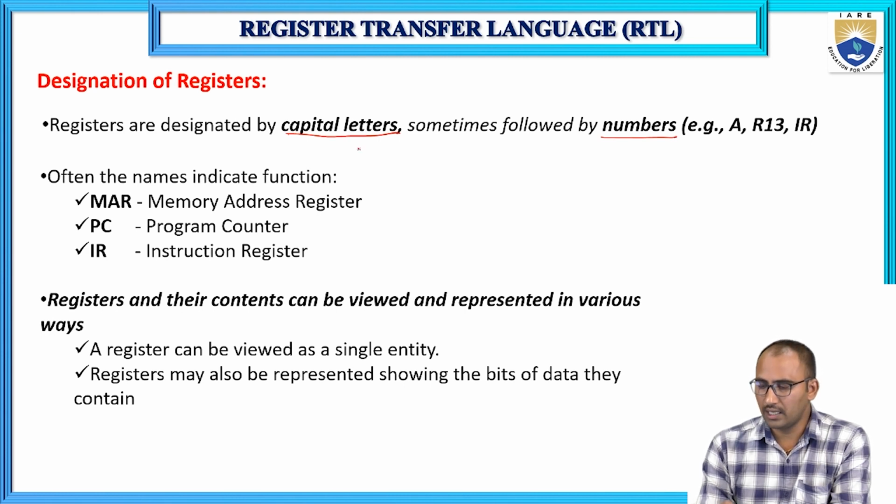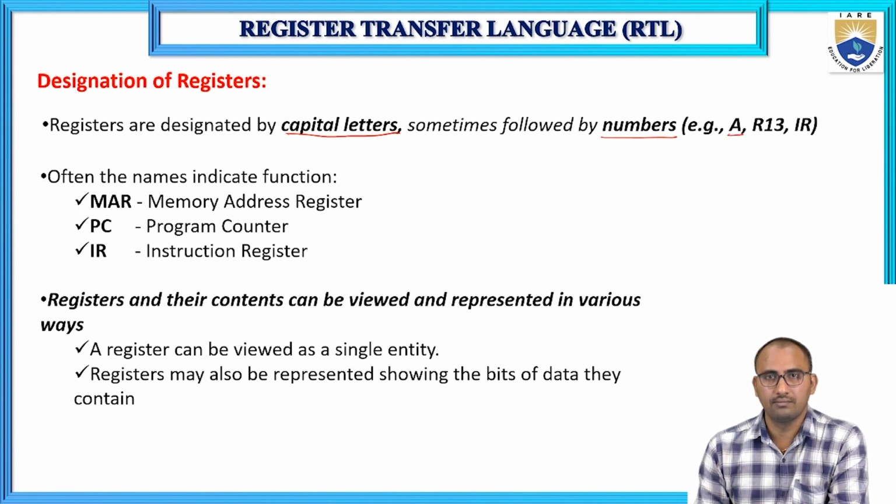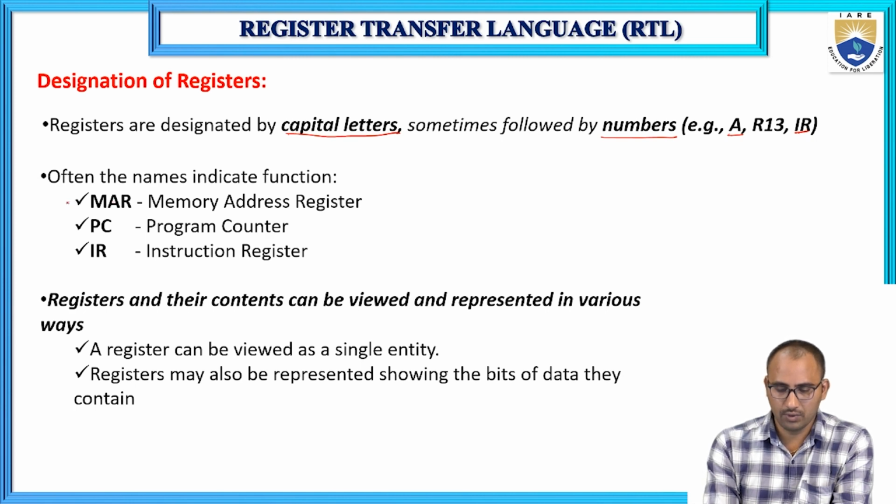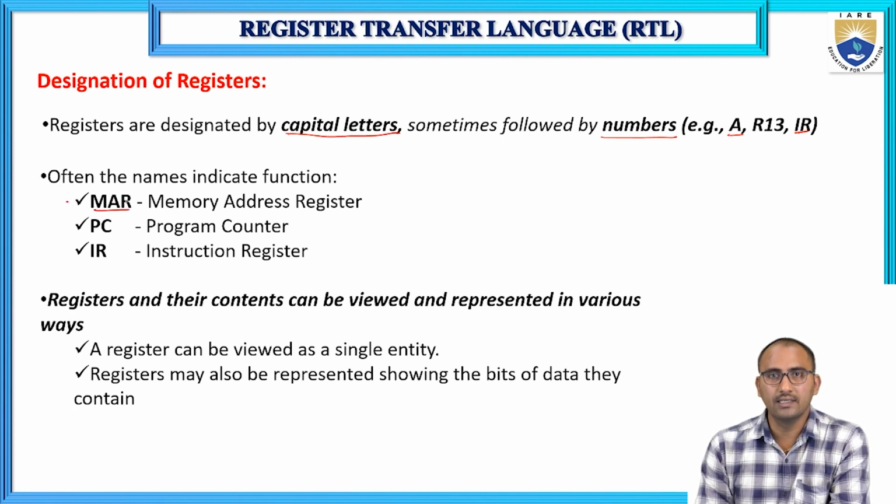Examples: A is a register. IR means instruction register. MAR, memory address register. PC, program counter. These are different registers, designated here using capital letters. That is one way.